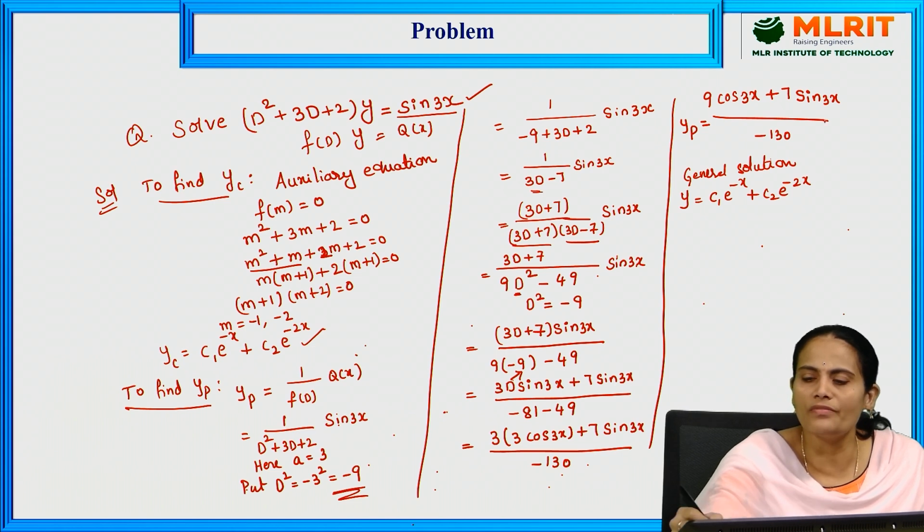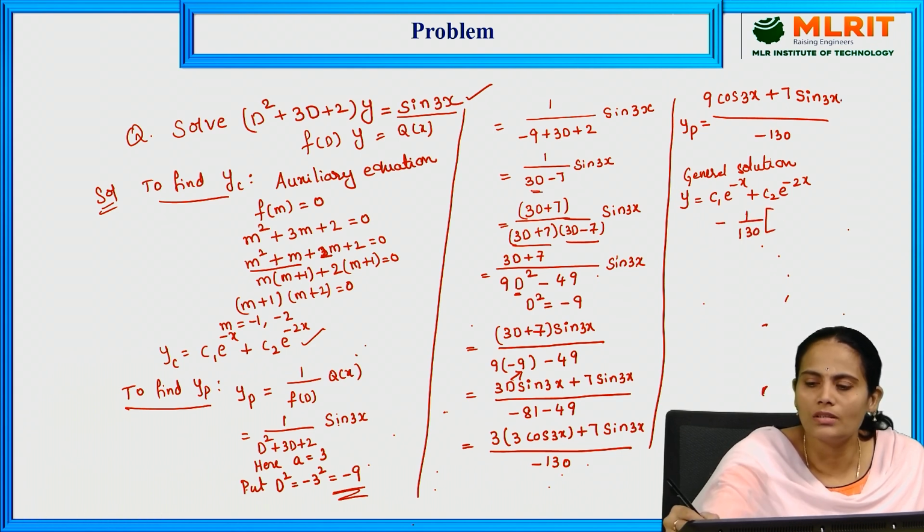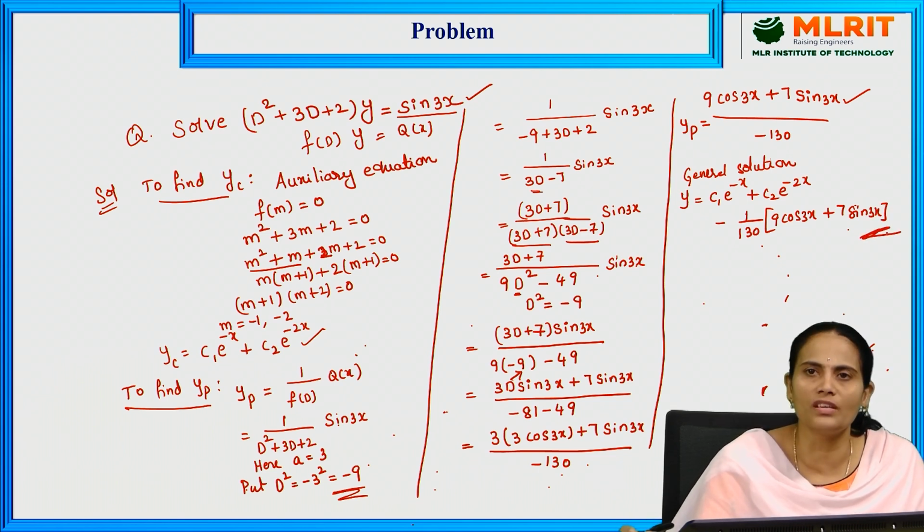Then coming to the yp, since we have the minus before, we write minus 1 by 130 into 9 cos 3x plus 7 sin 3x. This is the general solution of the given differential equation.